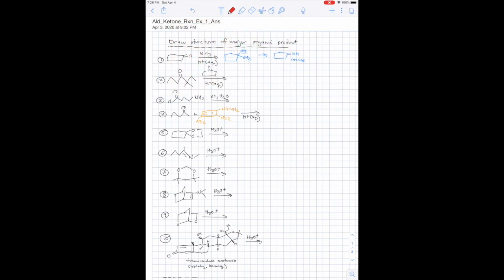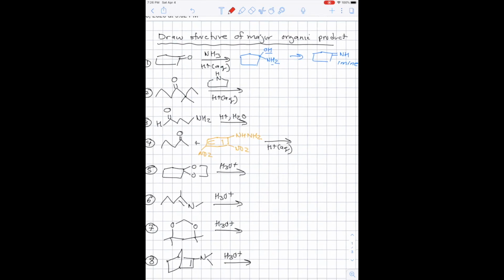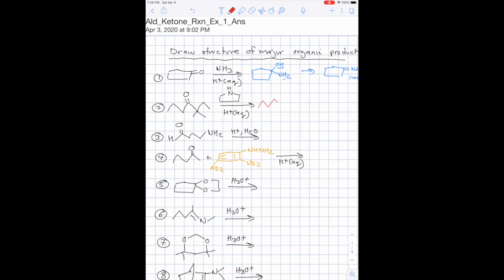So in the second one here, we have another ketone and a secondary amine. And so we'll draw the intermediate that we get, the carbinolamine. So there's your carbinolamine. And now, if you look at this, there's no hydrogen on this nitrogen, so it's going to have to remove its hydrogen from a carbon to make an enamine.